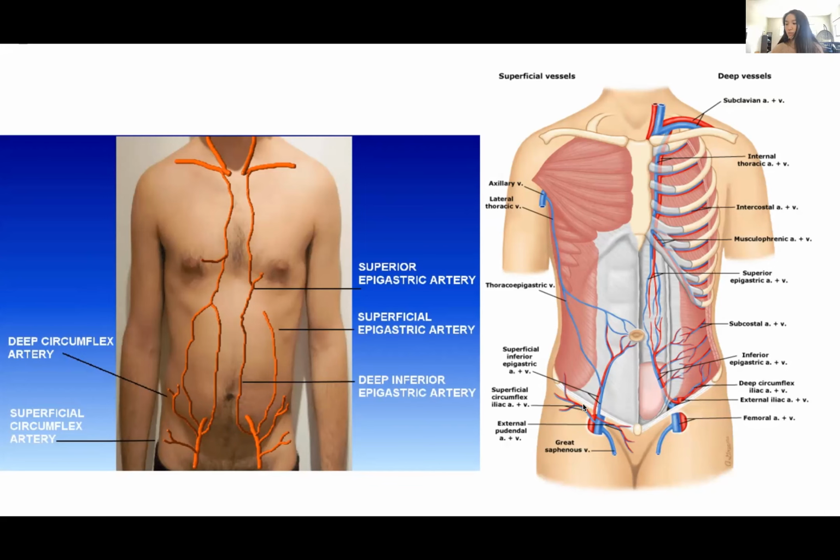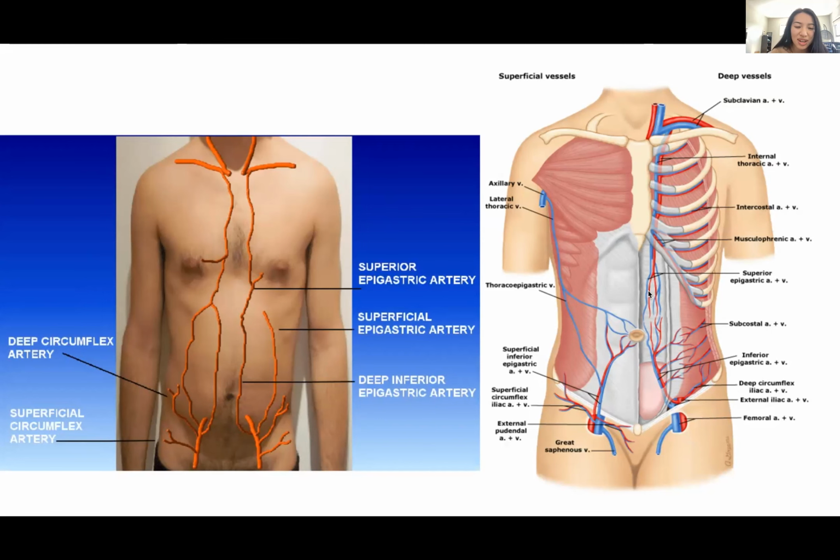I'd suggest going to Gray's or Netter's for this. Musculophrenic innervates this region here, and the rectus abdominis is innervated by both the inferior and the superior epigastrics.